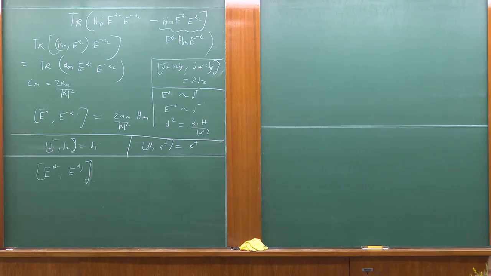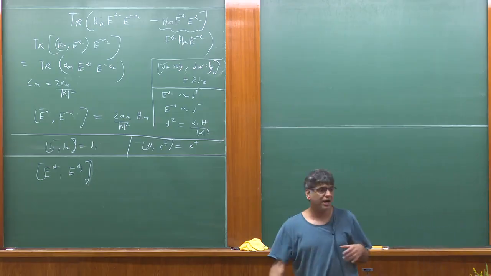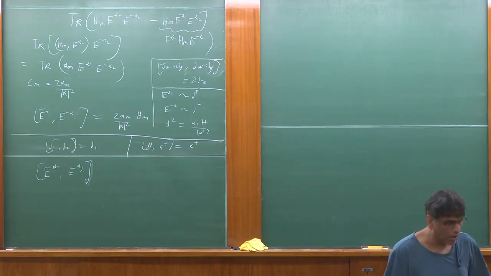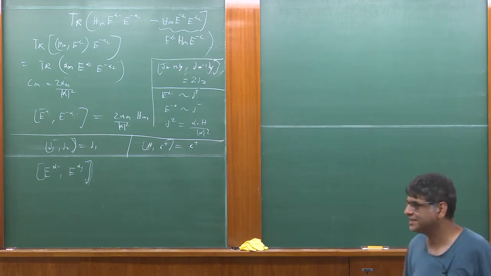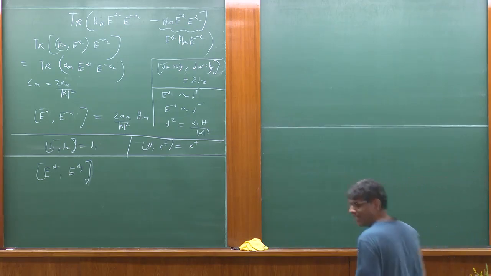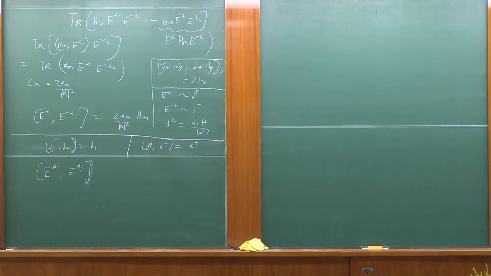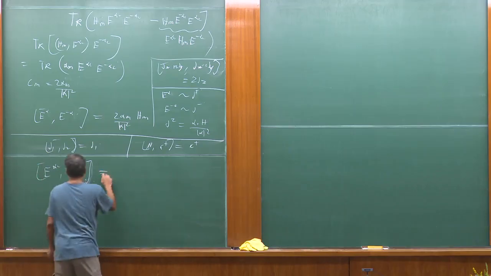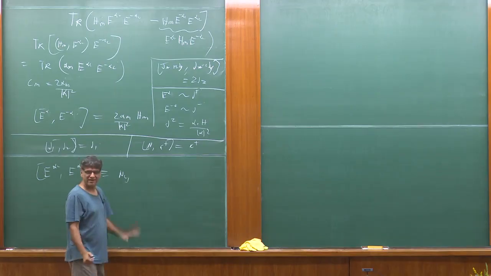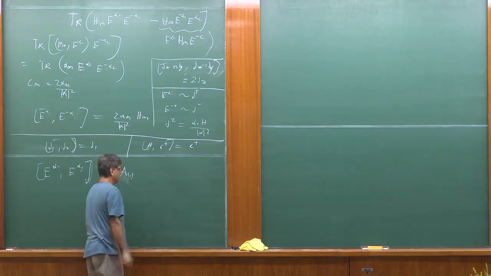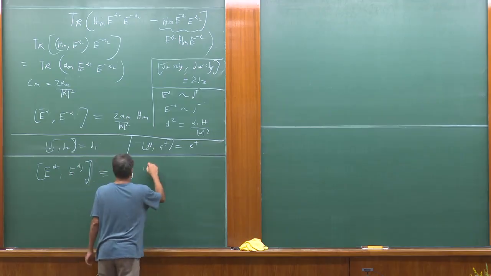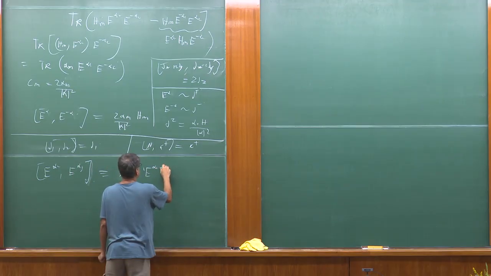If in your Lie algebra there was no root with weights alpha i plus alpha j, this has got to be 0. If there is a root, this will be some number, not necessarily at this point an integer, let's call it a_ij, so that you get a_ij times E alpha i plus alpha j.